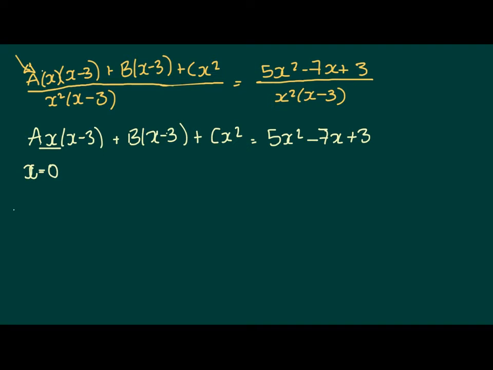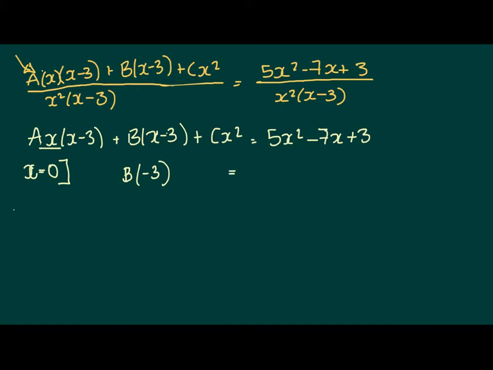The second doesn't contain any single x's, so I'd be able to say something about b. And the third one contains an x squared, which would be 0. So when x is 0, I don't have any a's. I end up with b, or minus 3 lots of b, because I've got 0 minus 3 there. No c's.